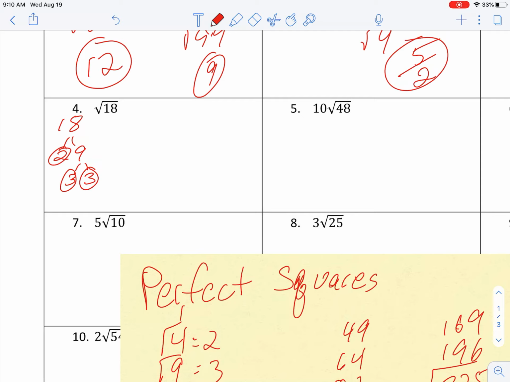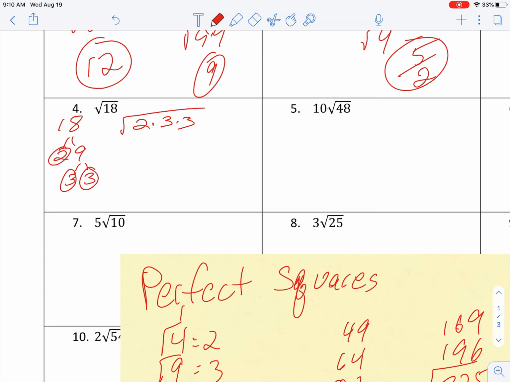And once I get down to all primes, I'm going to rewrite 18 as a product of primes. Now, because this is a square root, I'm looking for some number times itself here to make a perfect square. I'm looking for sets of the same number, pairs of the same number.